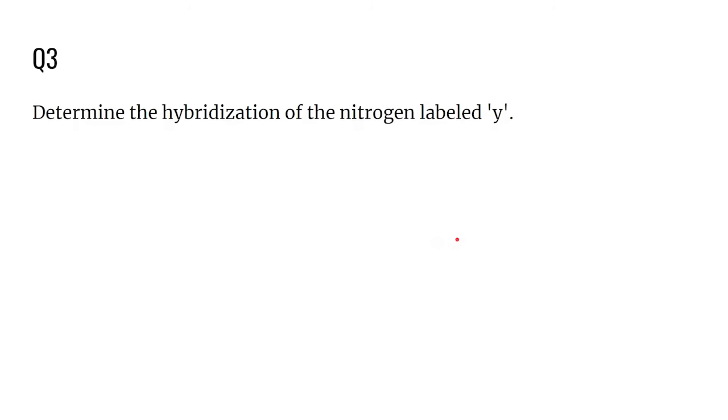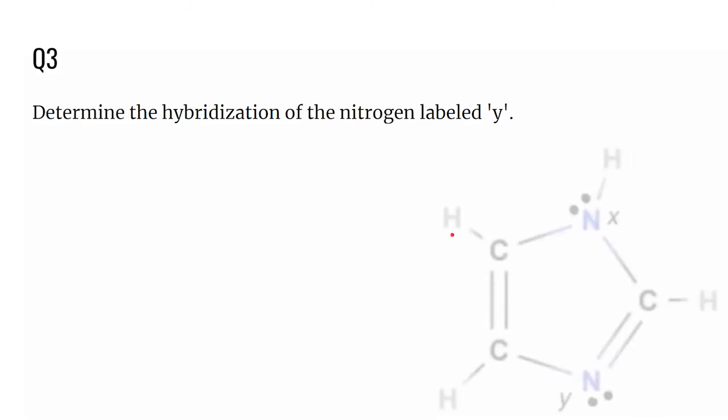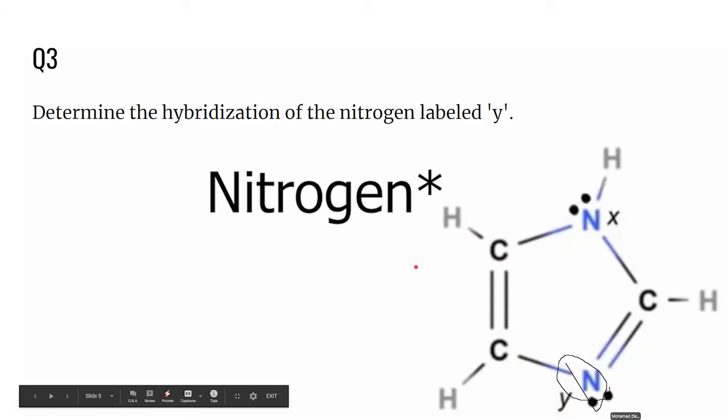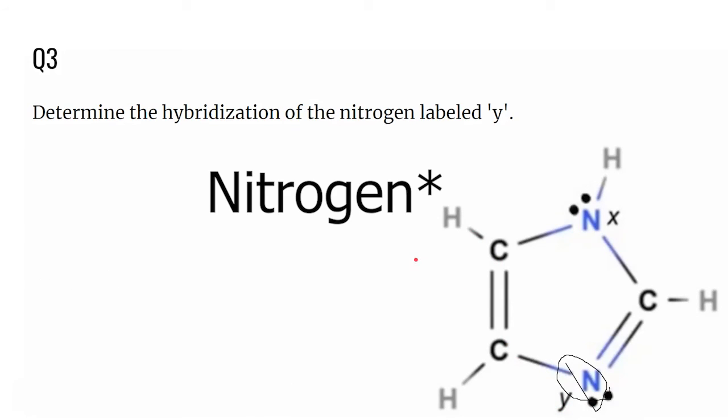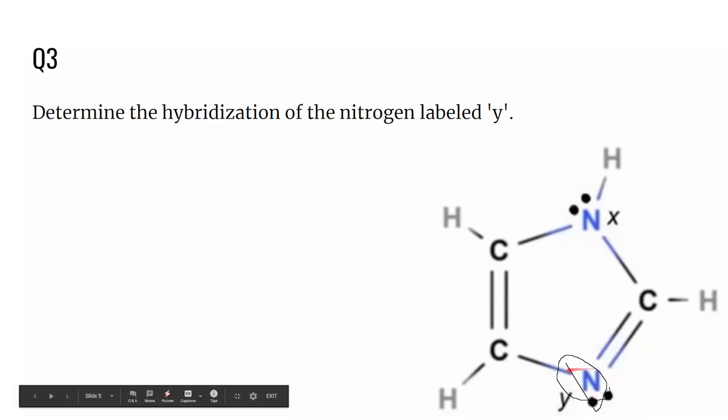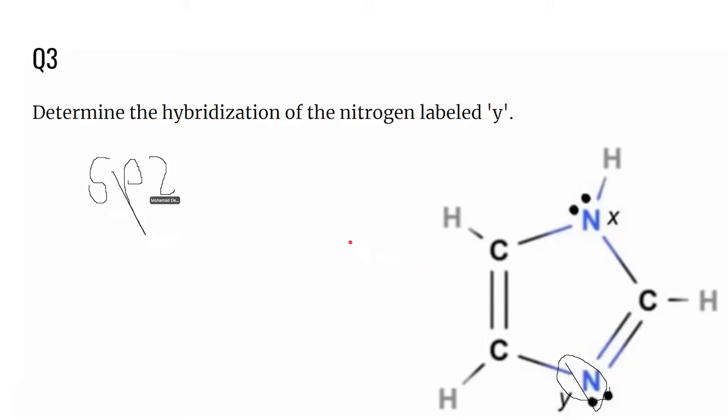Good morning. I will answer question number 3. The question is, determine the hybridization of the nitrogen labeled Y. This nitrogen is connected to 3 electron domains, which means it's in the sp2 hybridization, because there are only three domains.